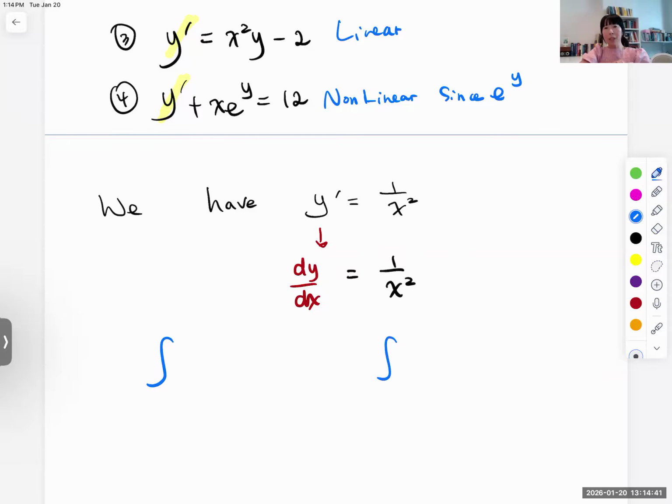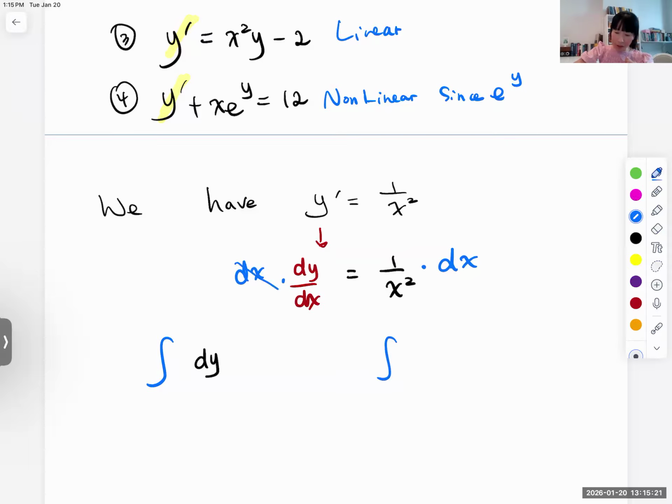But then we have a little issue. We want to make the y variable on the left side and the x variable on the right side. So we have dy here and dx there, so we multiply by dx on both sides.